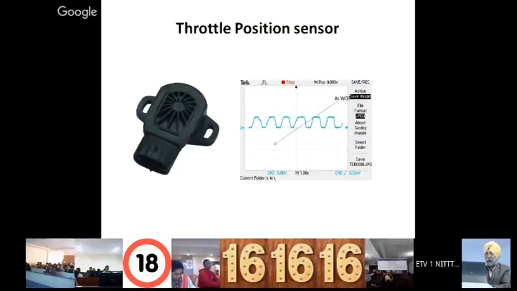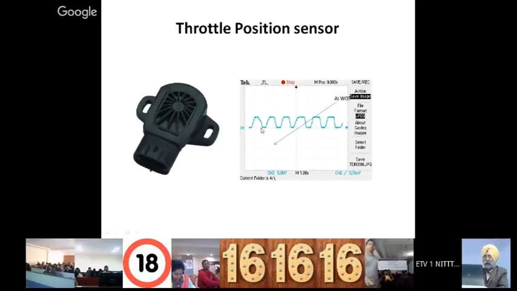Now, next are the throttle position sensors. So the photo that you see on the screen, this again is a throttle position sensor, and on the right hand side you see an output.